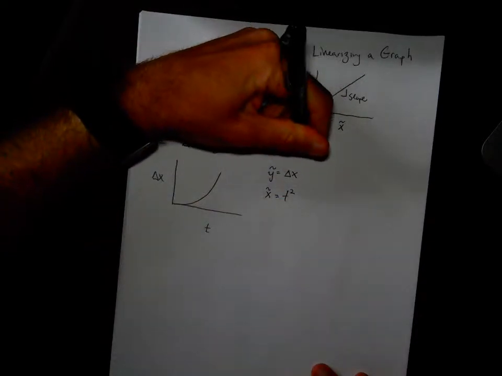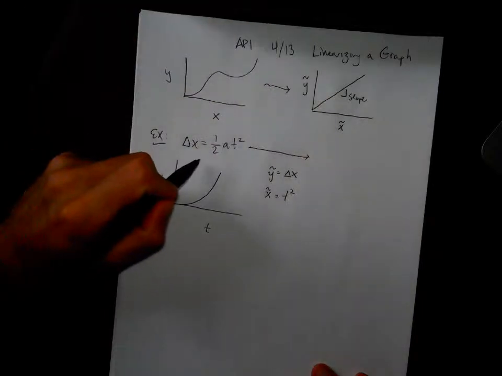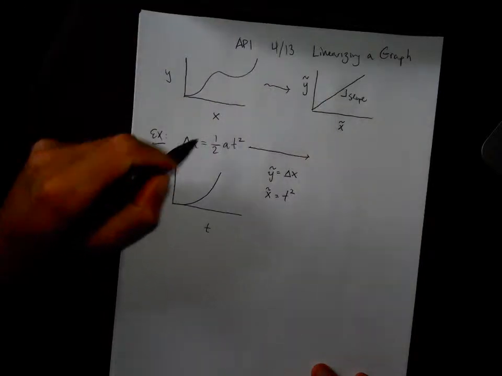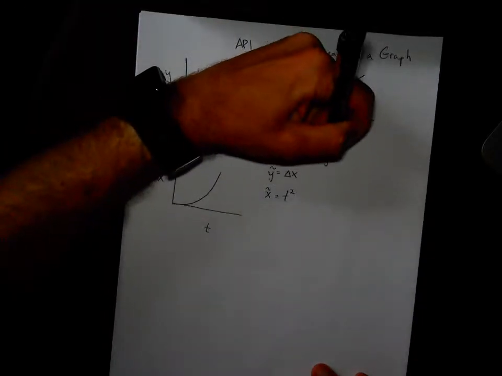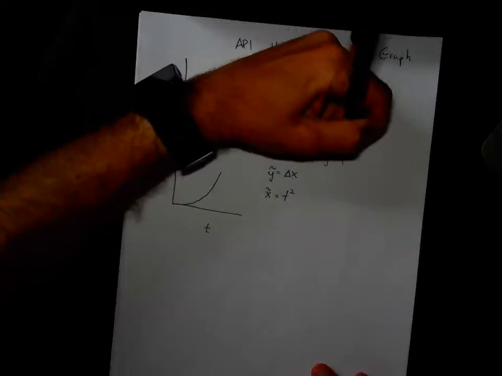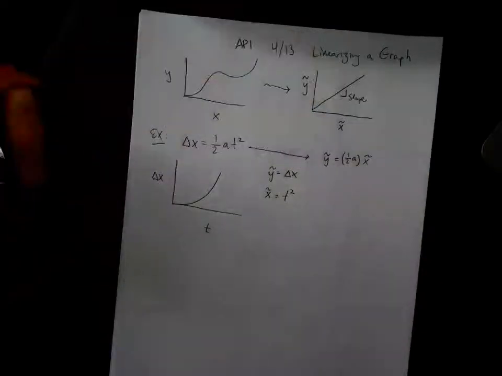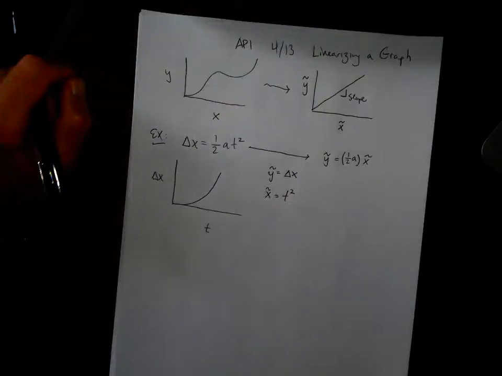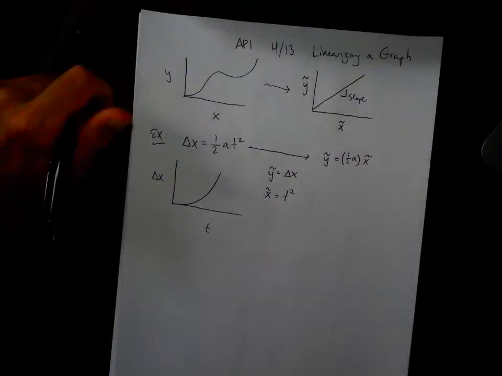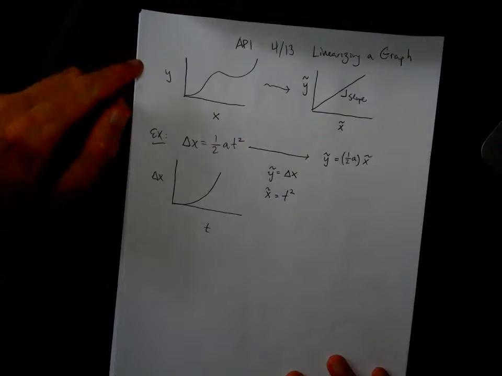If I rewrite my equation in that form, then it's going to be y squiggle equals 1/2 a times x squiggle. Now, why do I say that that's going to be the equation of a line?